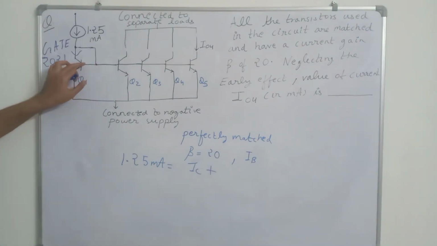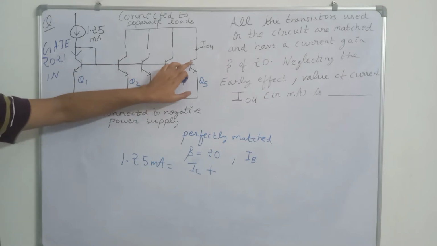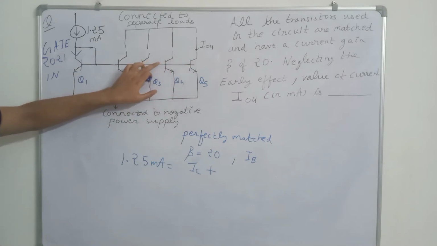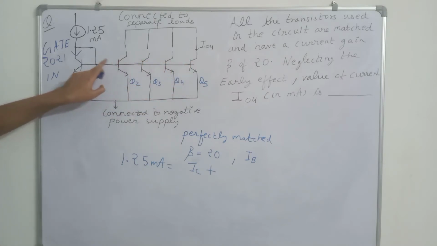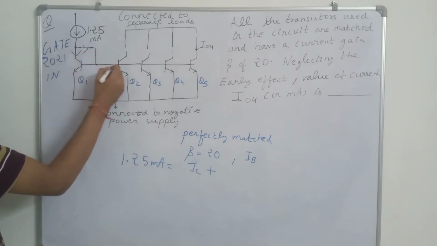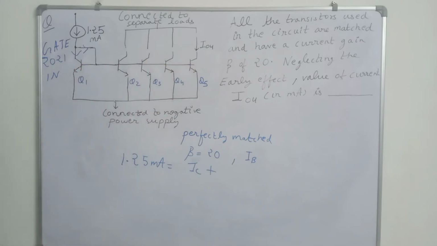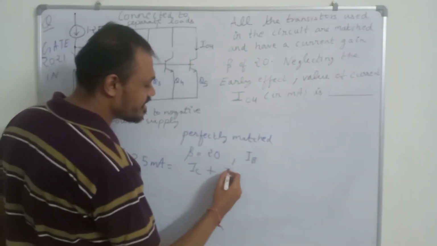And then it is getting divided into the base current of 5 transistors: Q5, Q4, Q3, Q2 and also Q1. So this part is going into the base current of these 4 transistors and also the 5th transistor, so we have to write 5 IB.